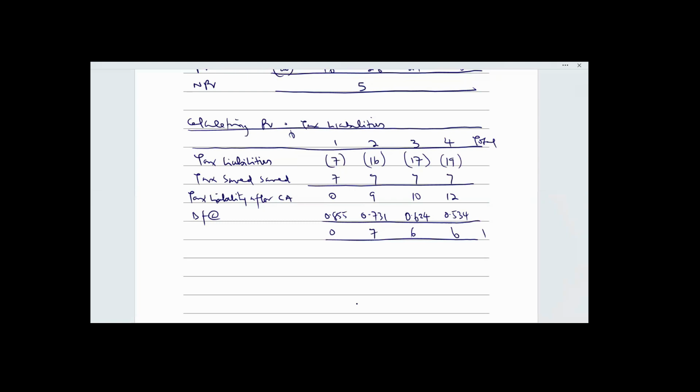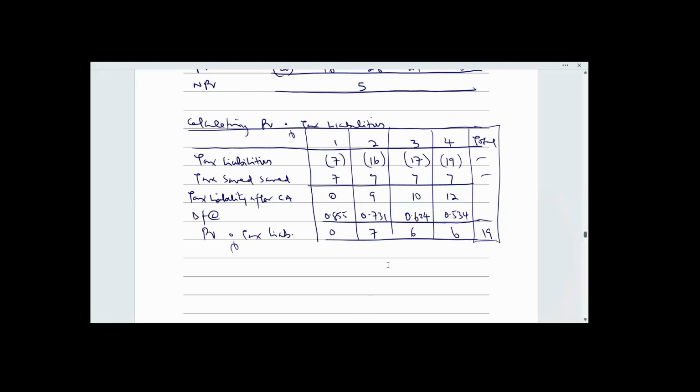Total is equal to 19. If you like, you can total all of that at the end of the day. So we have 19. That's the total PV of tax liability.